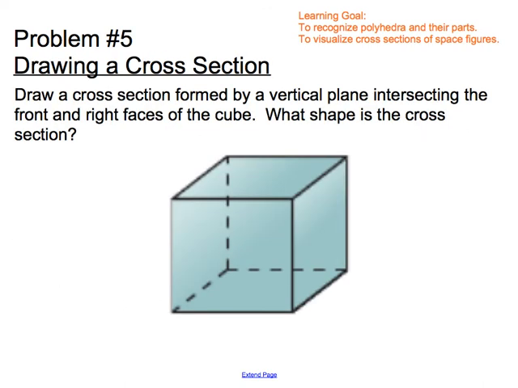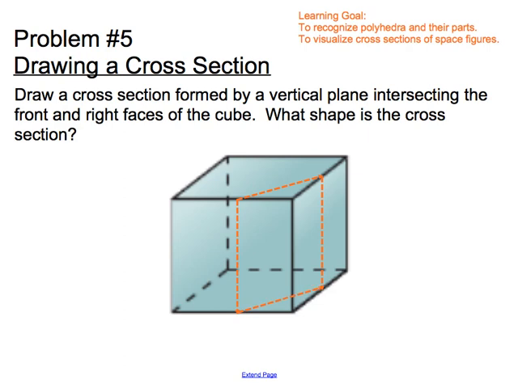So question 5 asks us to draw a cross-section formed by a vertical plane that intersects the front and right faces of this cube, and wants to know what shape the cross-section is. So again, I want a vertical plane, so I'm going to draw vertical lines on both the front and right-hand faces, and I'm going to connect them at the top and bottom.